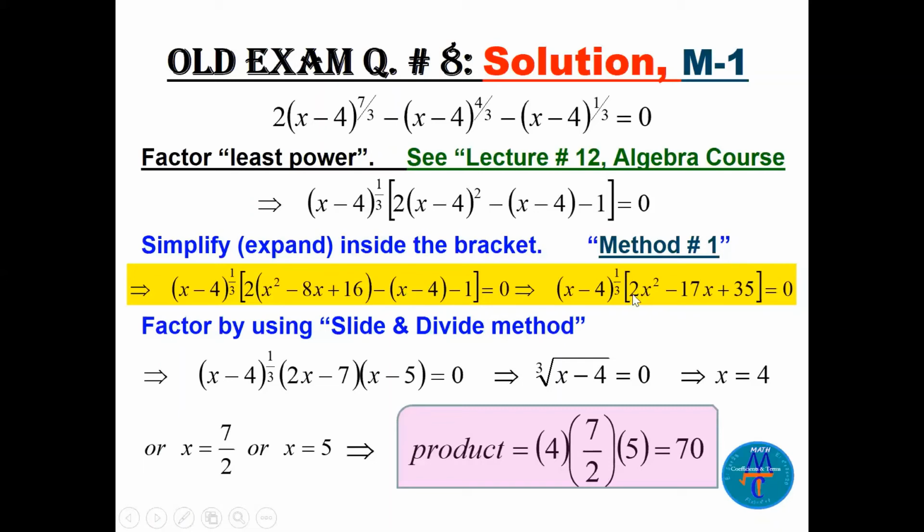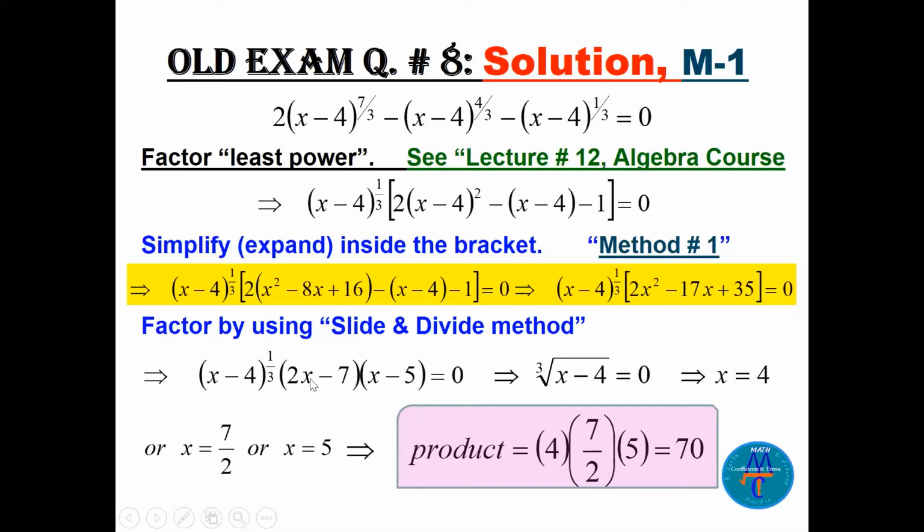Now we can factor this. 2x, slide and divide, slide and divide. Slide and divide will be, I think, in lecture number 11. You can see this slide and divide method. So 2x minus 7, x minus 5, when you multiply, you get plus 35. This is 10 and 17.